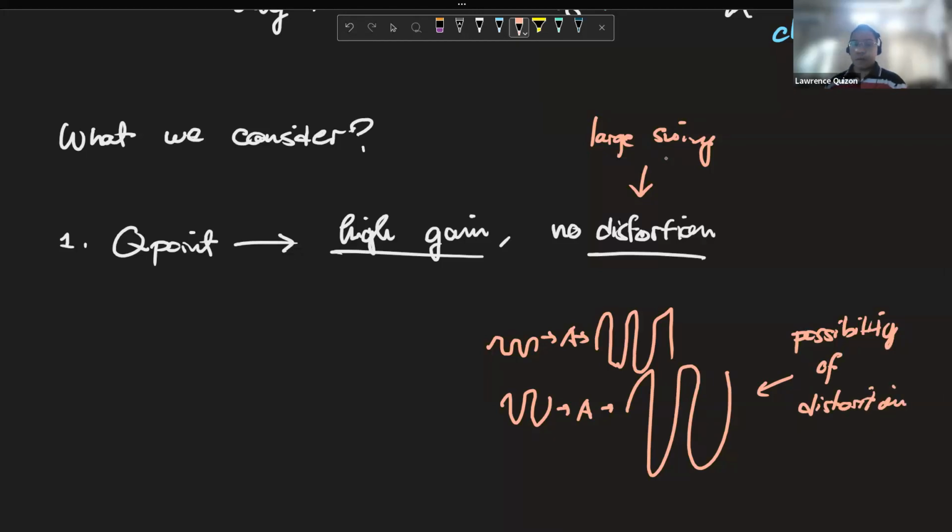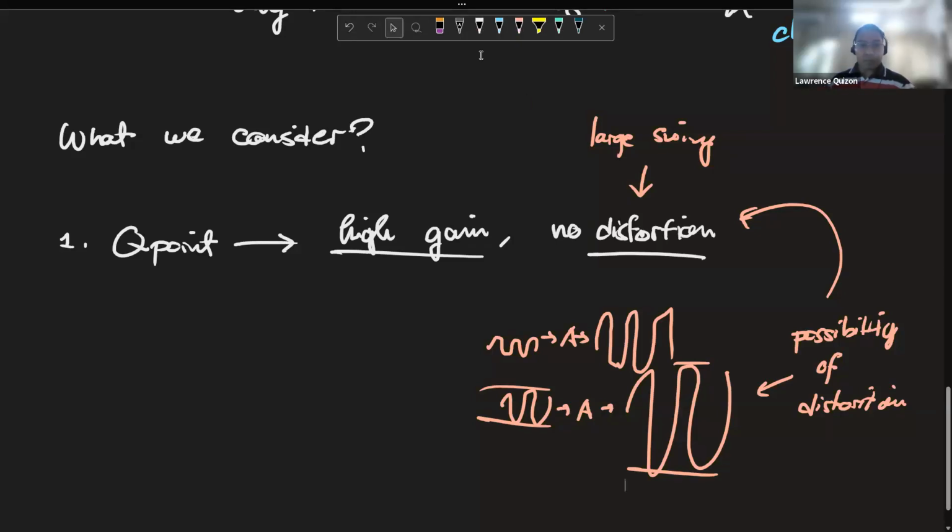'Di ba? So then the no distortion factor in the consideration is the fact that we take into account the largest expected input, no? And make sure that the output of that will not be distorted.